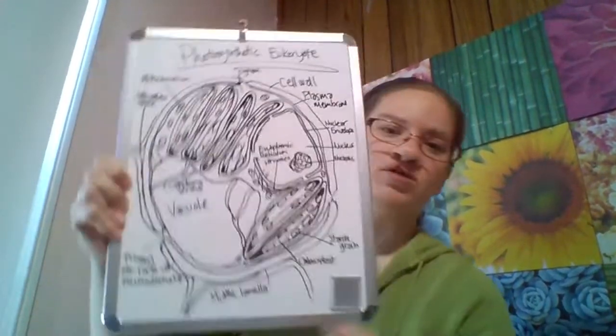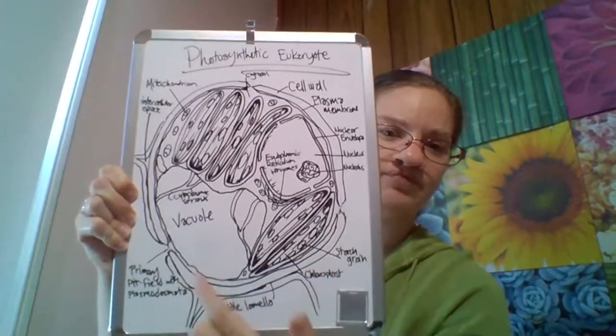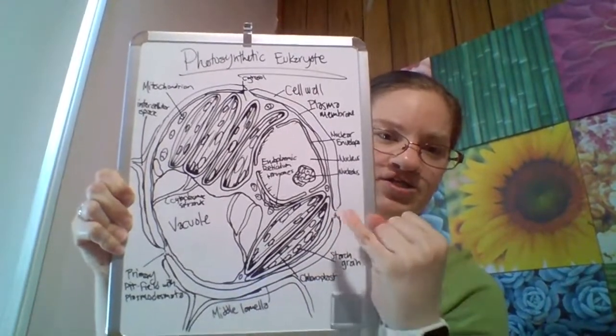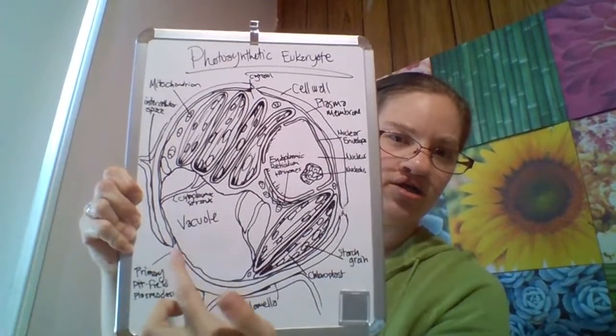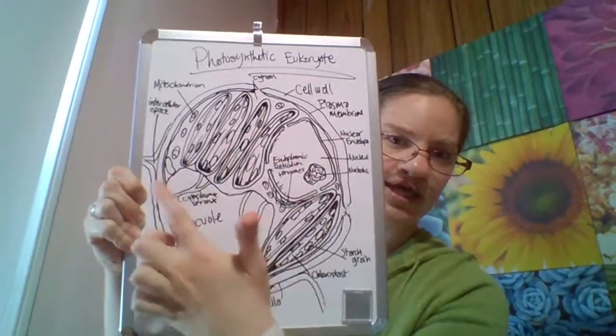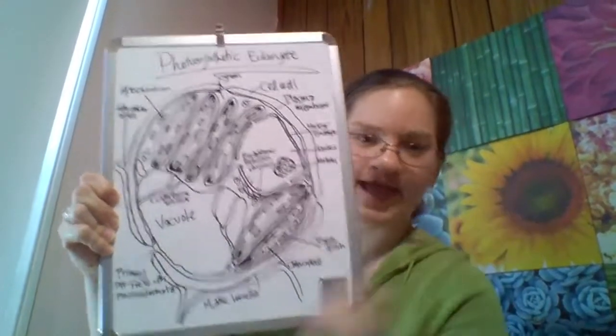Okay, so we've got the cell wall here, and right in here are the gaps in the cell wall, the technical name would be primary pit filled with plasmodesmata.